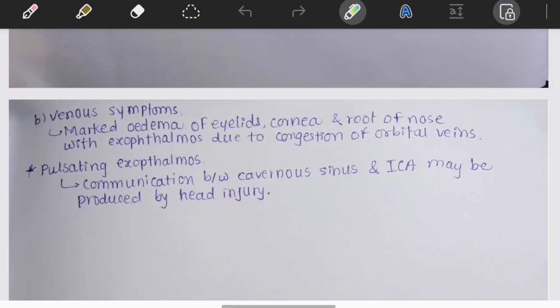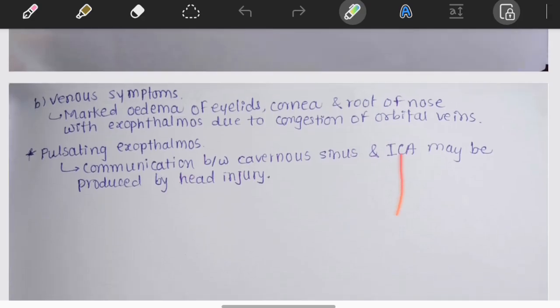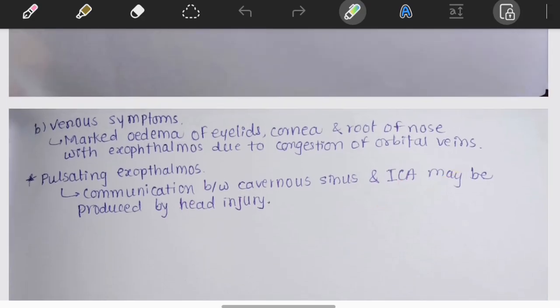After severe head injury, an abnormal communication may develop between the internal carotid artery and the cavernous sinus, and this is called a carotid cavernous fistula. Now arterial blood enters the venous sinus under high pressure. The pressure is transmitted to the orbital veins. As a result, the eyeball bulges forward, and because the arterial blood is pulsating, the protruded eyeball also pulsates. This condition is called pulsating exophthalmos.